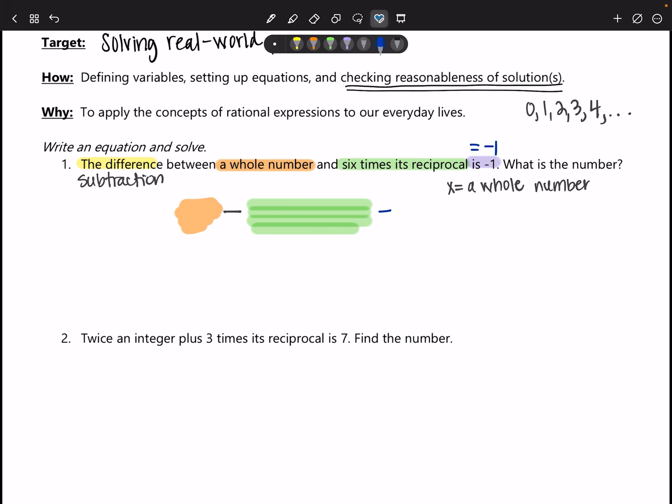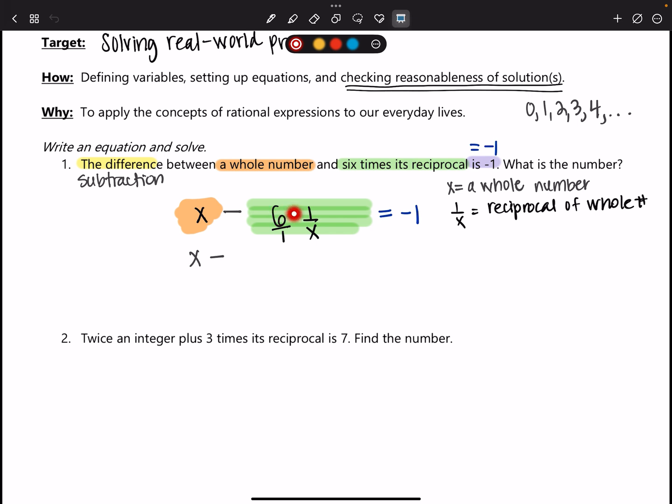So the whole number we said was x. The reciprocal of the whole number will be 1 over x. So when we take 6 times 1 over x, I'm going to put 6 over 1, and that's going to give us x minus, we multiply straight across, 6 over x. And that's equal to -1.